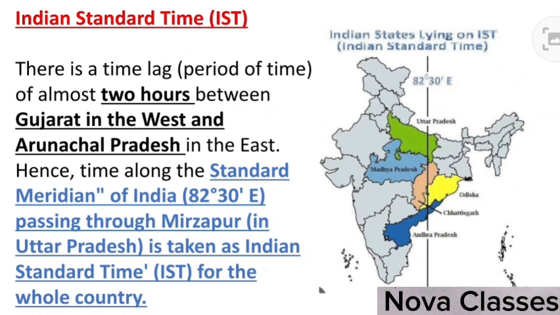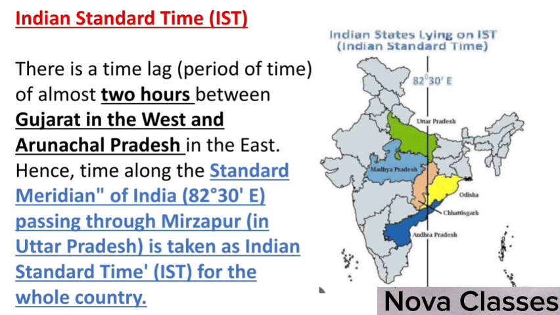Can you tell me why there is a 2 hour lag between Gujarat and Arunachal Pradesh? Because they are around 2933 kilometer away from each other, so the time difference is 2 hours. I hope that is clear, everyone.